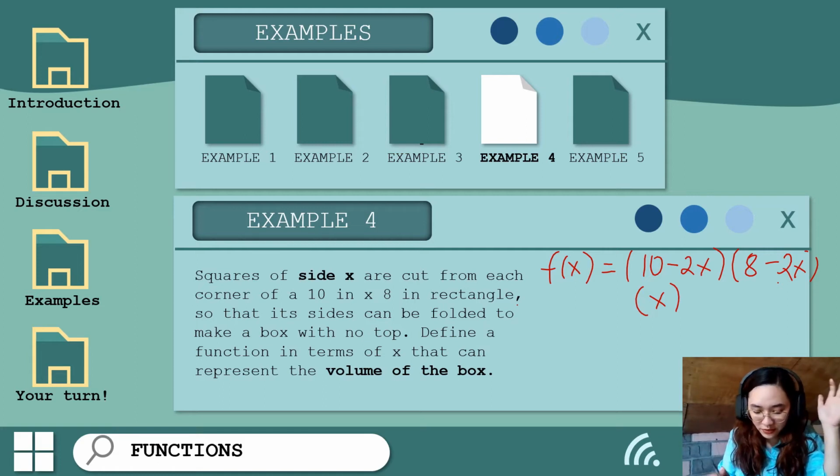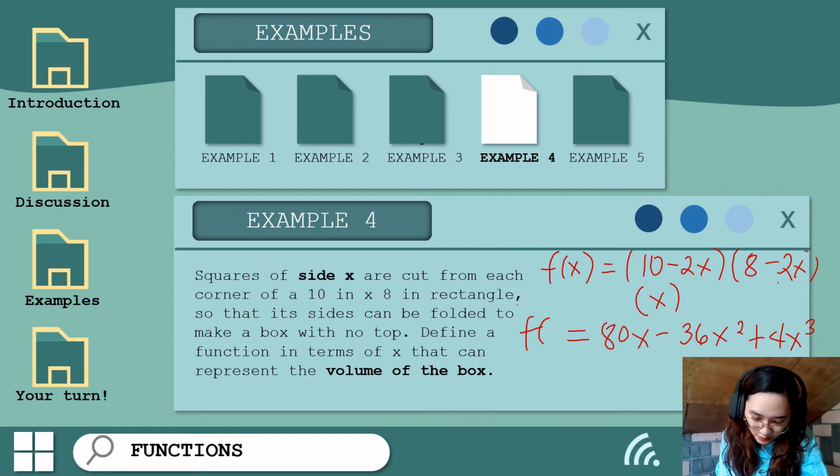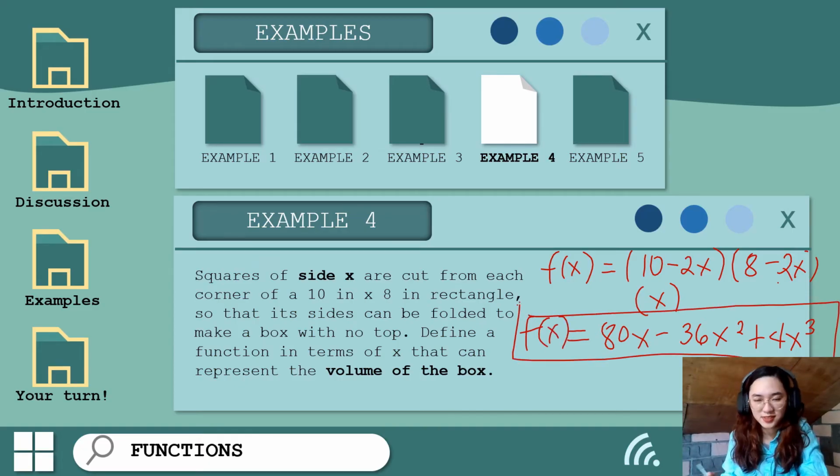Ayan. So, kung isi-simplify po natin yan, to make it short, that will give us 80x minus 36x squared plus 4x cubed. So, yun na po yung ating function of the volume of the box.